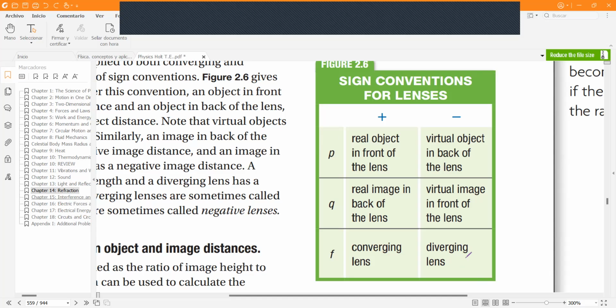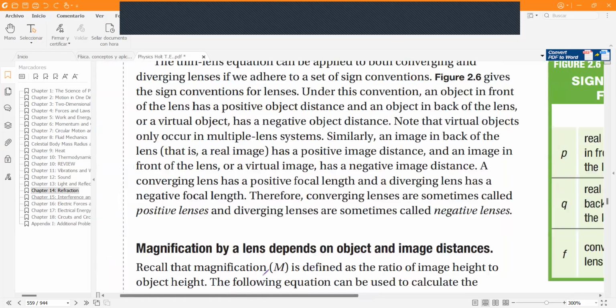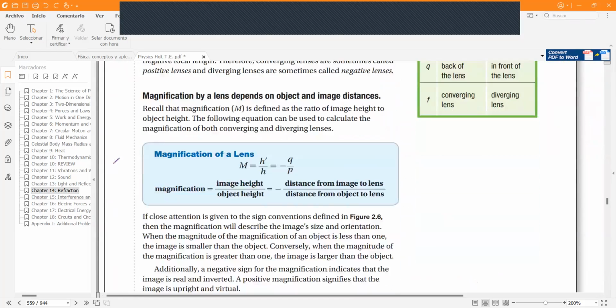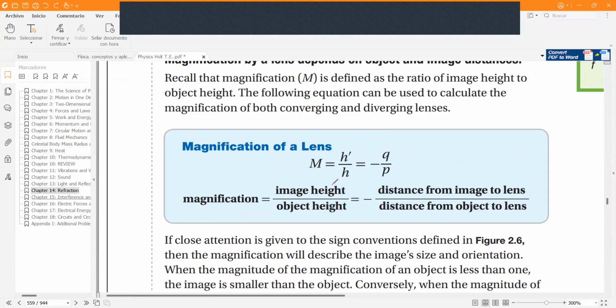So when we're talking about a diverging lens, for example, we're going to consider that for diverging lenses, the focal length is going to have which sign? Negative. Okay, that's how you're going to use this table to include the signs in the formula.